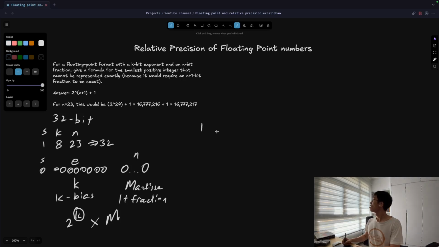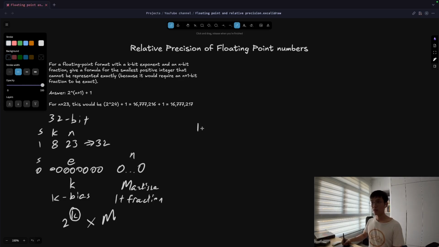And for a 32-bit floating point, I believe the bias is 127. Let me check real quick. Yeah, the bias is 127. So the smallest exponent is 1 minus 127, which equals negative 126. So the first group of normalized numbers that can be represented in a floating point is 2 to the negative 126 multiplied by the mantissa.